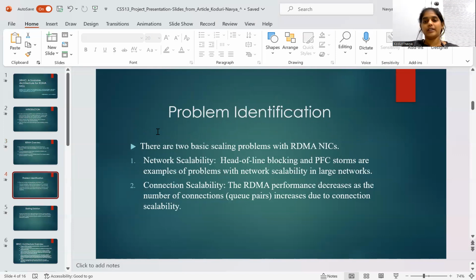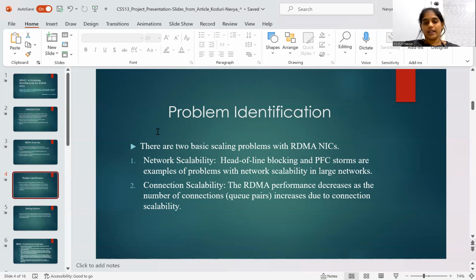In the paper which I have taken, I have observed mainly two problems with RDMA NICs. Those are network scalability and connection scalability. Let me give you a one-line idea of each.